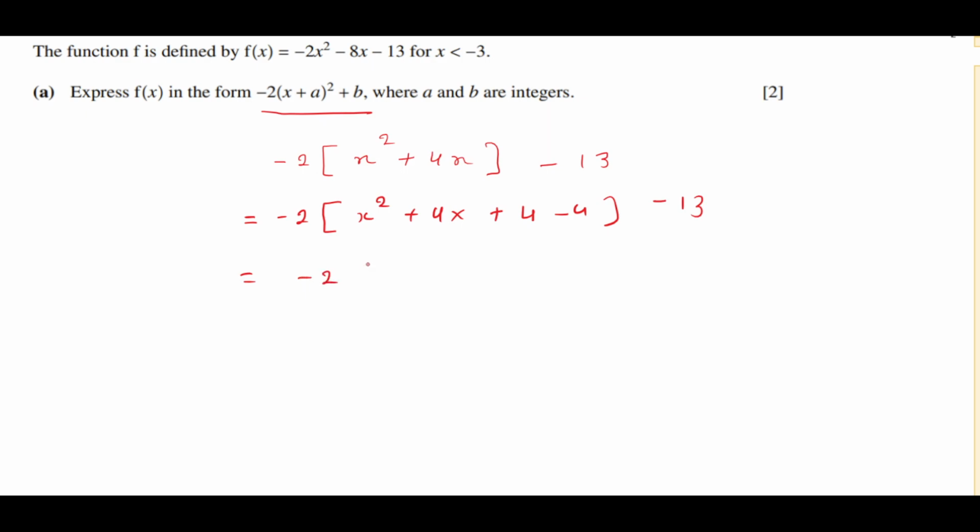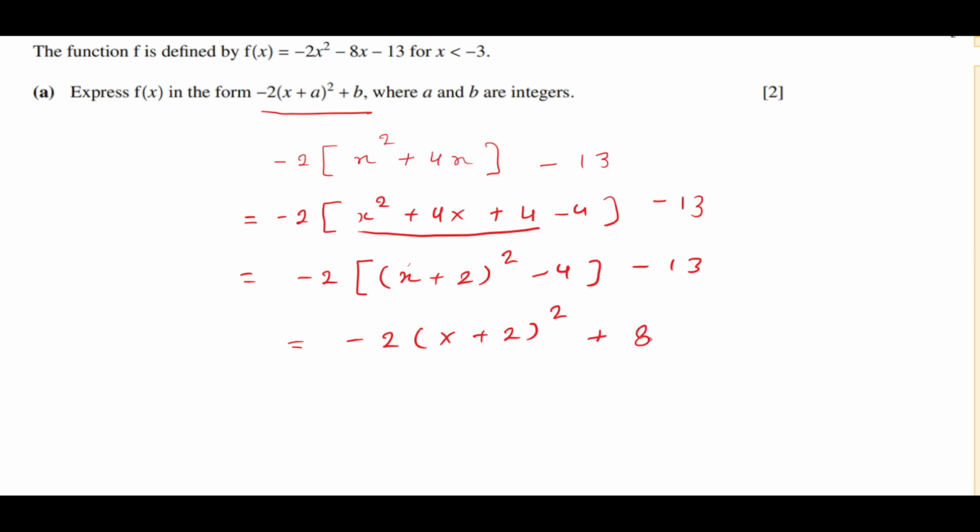Then it will be minus 2, x square plus 4x plus 4 will become x plus 2 the whole square. And then this is minus 4, minus 13. Then I open the bracket, it will be minus 2 times (x plus 2) the whole square. Then minus minus plus 4 into 2, that is 8, 8 minus 13.